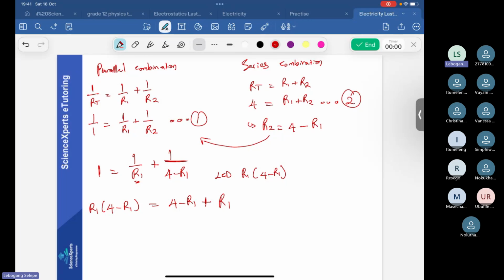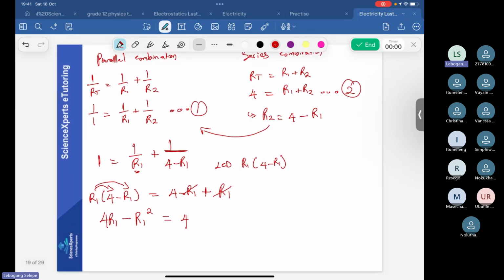So you see that this would cancel that. Then I would multiply everything here. 4R1 minus R1 squared is equals to 4, right?